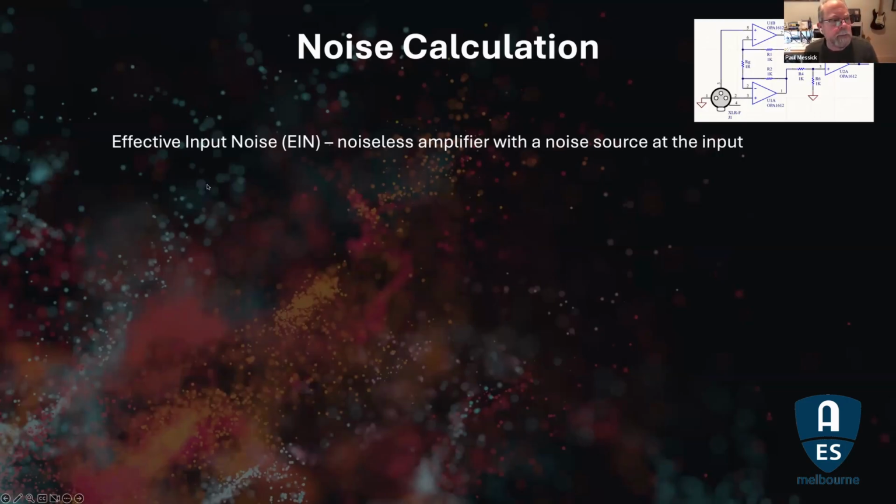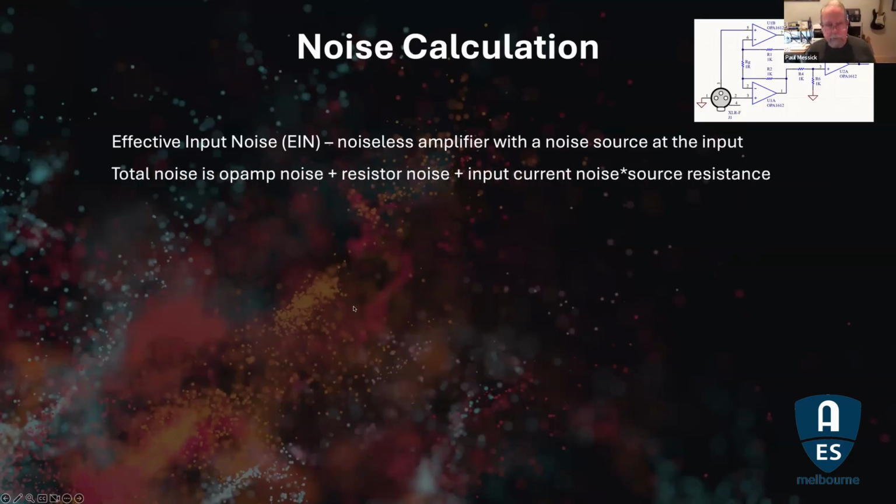We're going to talk about the effective input noise again. As a reminder, it's a noiseless amplifier with a noise source at the input. That's how we model it. The total noise in the circuit is the op amp noise plus the resistor noises plus the input current noise times the source resistance.